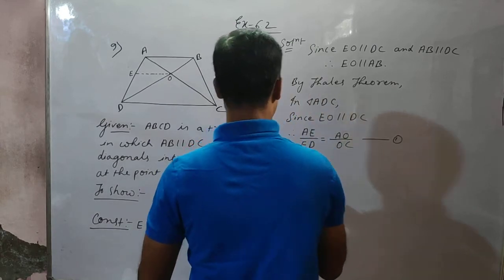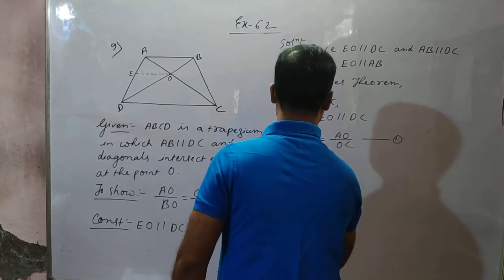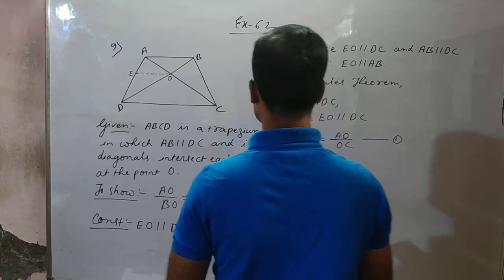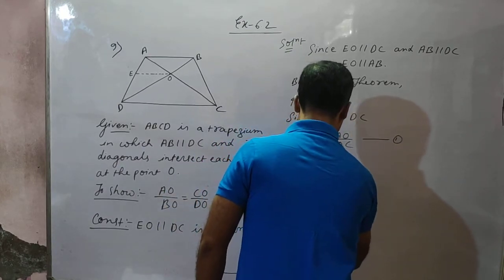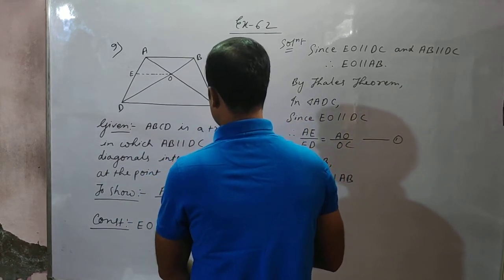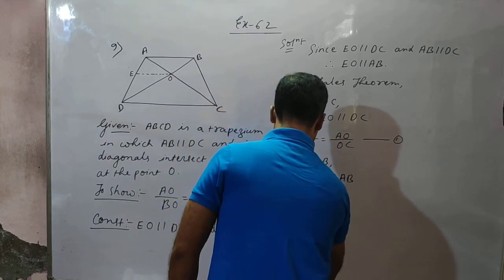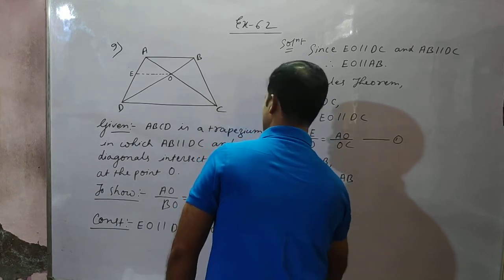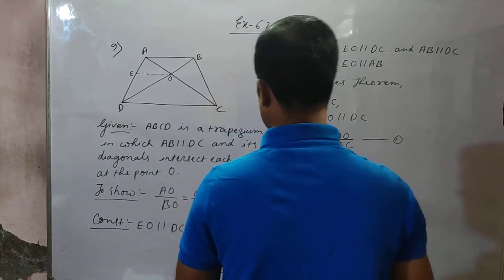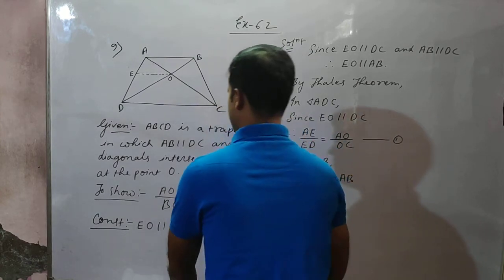In triangle ADB, since EO is parallel to AB, therefore AE by ED is equal to... For better understanding, I will write in a different way.